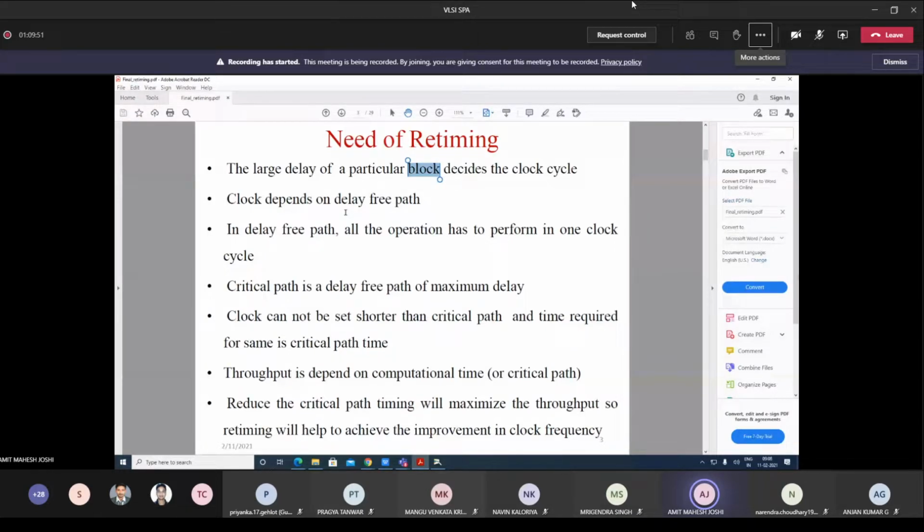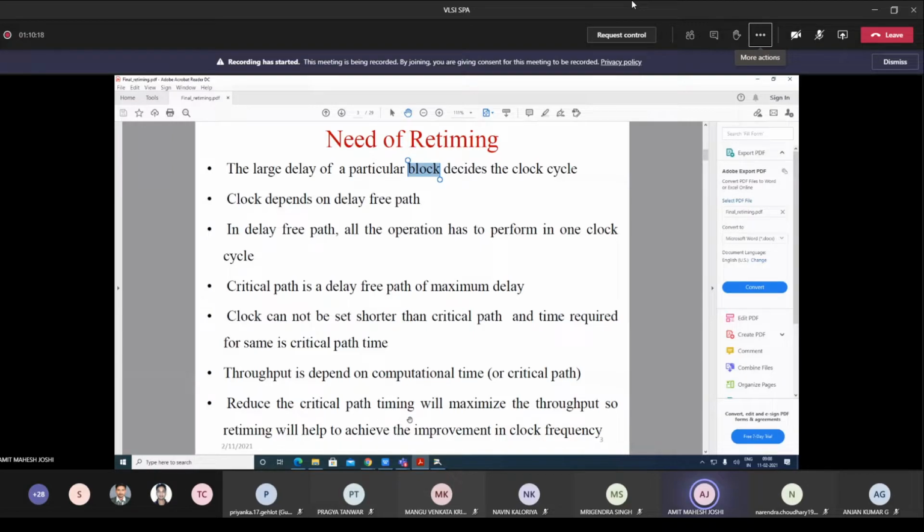Throughput depends upon the computational time. Throughput is one of the words that we will try to understand. Usually, throughput is the number of outputs that I am taking with respect to the clock. It is not directly related to retiming, but when we talk about pipelining and parallel processing, at that time we will discuss what I mean by throughput.